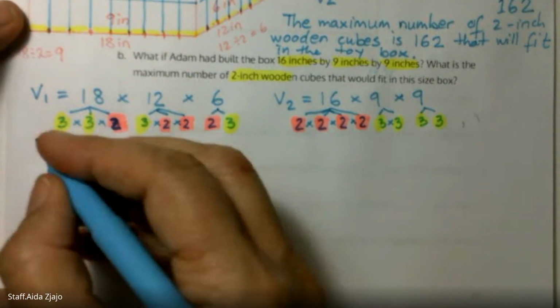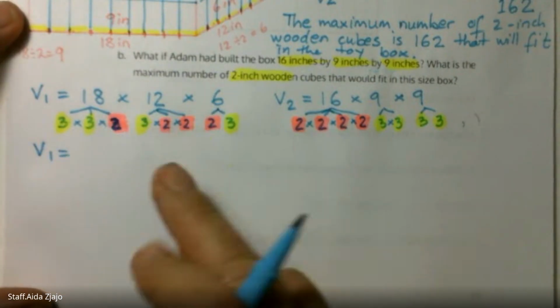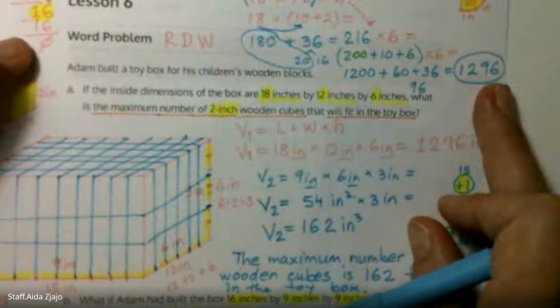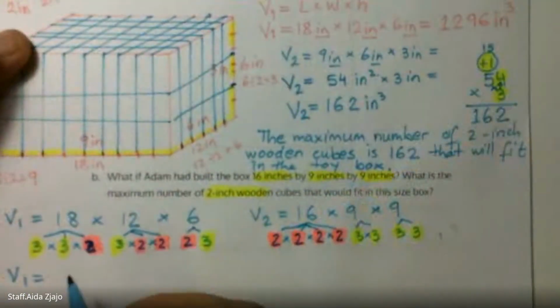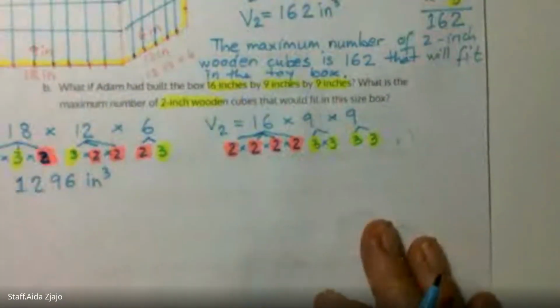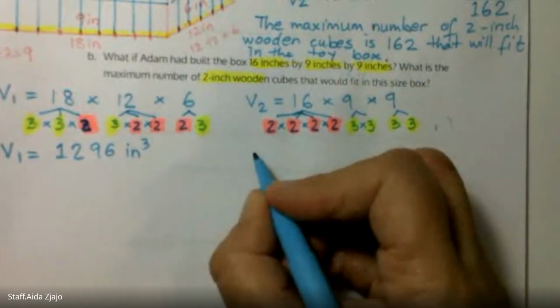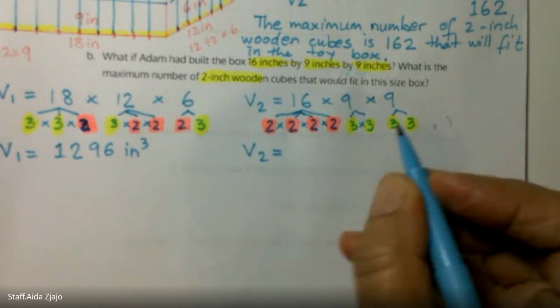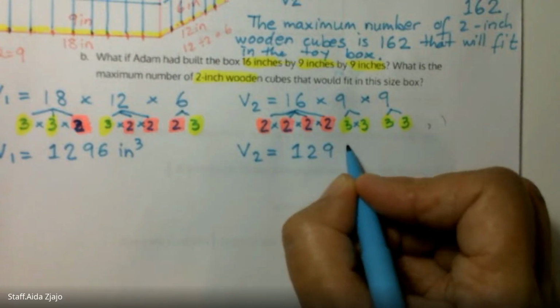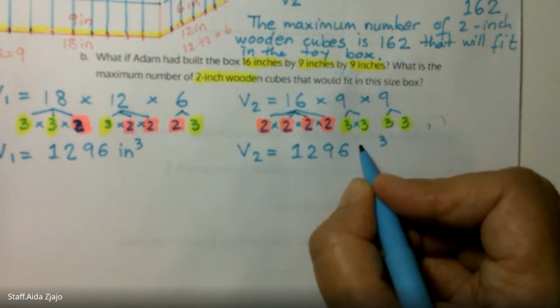Volume 1, we already know, is calculated at 1296 cubic inches. But I can tell you that volume 2 is also 1296 cubic inches.